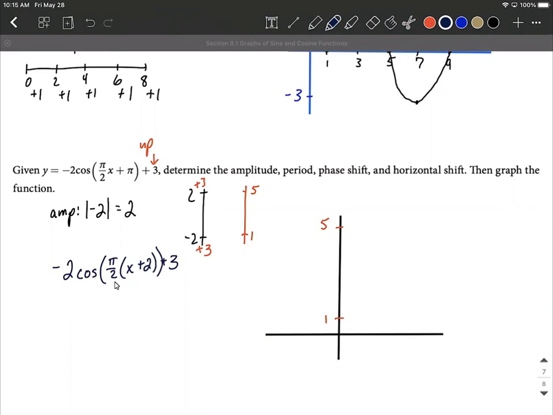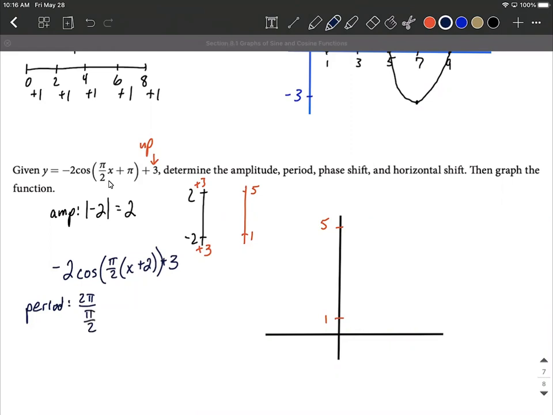All right, so the period in this case can be computed by saying the original period of cosine, which is 2 pi, divided by that multiple attached directly to x on the inside, the pi over 2 that we factored out, or the pi over 2 multiplied directly by x on the inside.